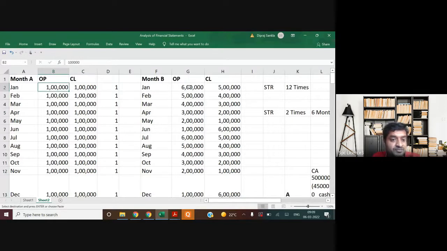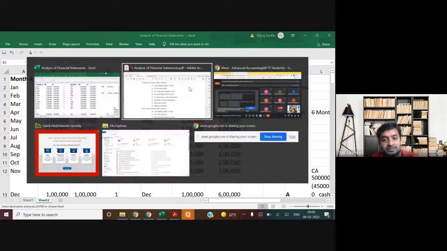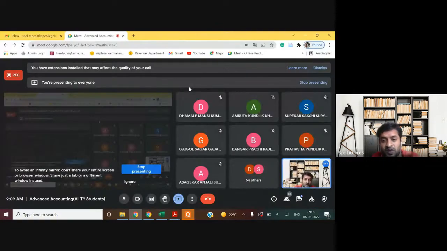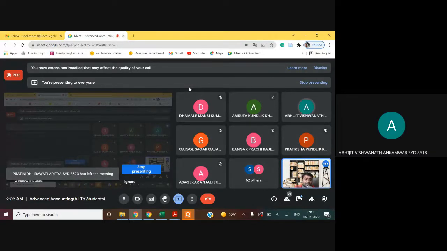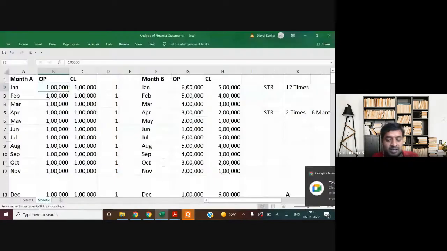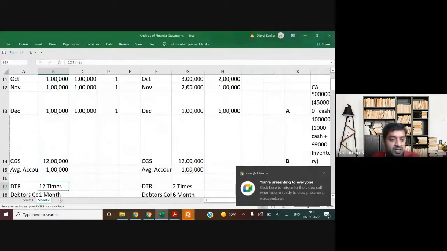Here the cost of goods sold is 12 lakh rupees.